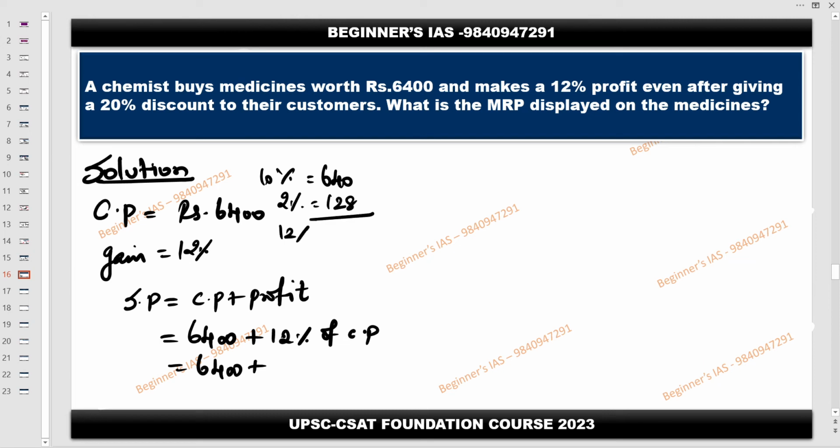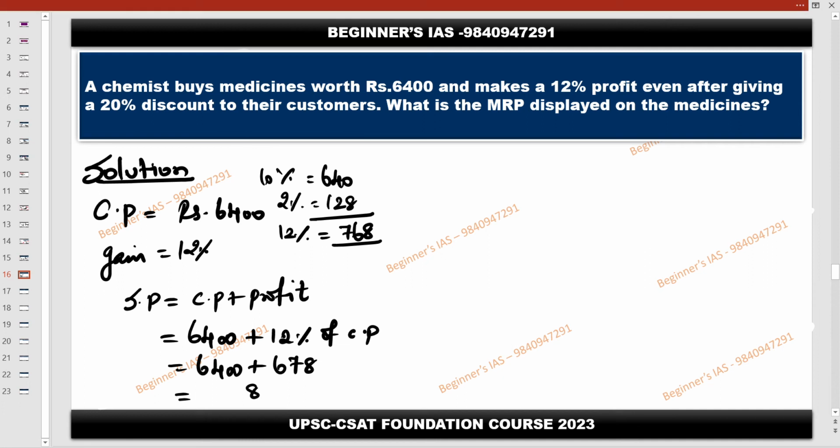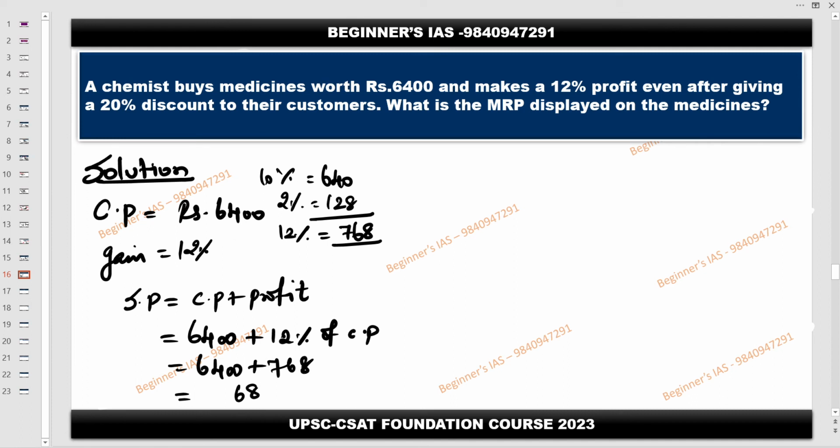So the total 12% is 768. Then add up: 6400 plus 768 is 7168. So this is going to be the selling price.